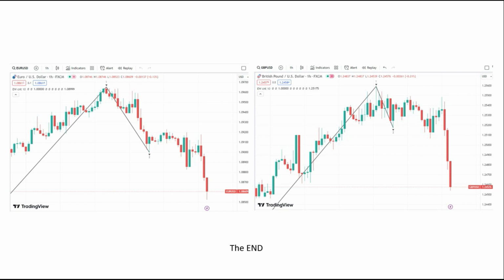Look at these 2 charts. What you can see right now in this moment, the US dollar is strong because both charts are similar. You see the bearish move right now, so you are clear. You don't need to think, oh, maybe the British pound will recover or euro dollar will recover. No, on all charts you see a strong bearish move for all currencies that go against the US dollar.